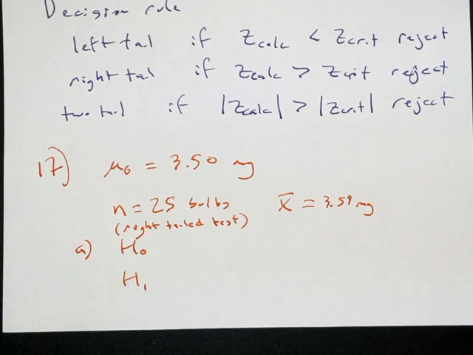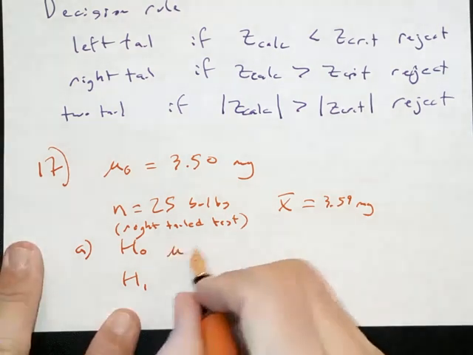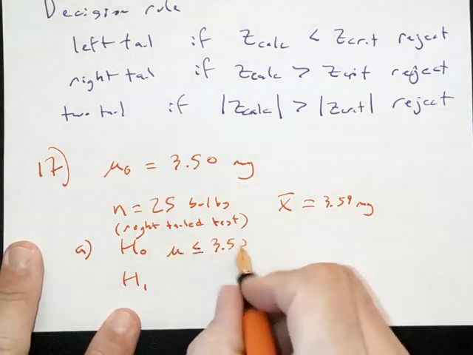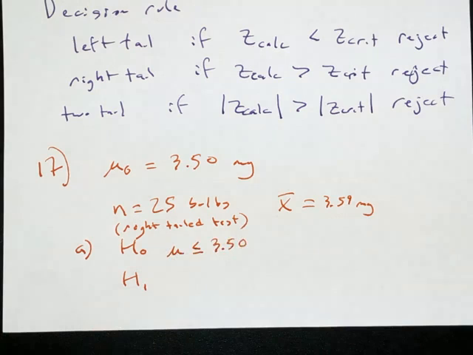I'm just writing up the hypotheses. I'm not testing anything yet. I need to know what I'm trying to test. I have to have a hypothesis to test it. If they are right, then the average I should get should be how in comparison to 3.50? Less than or equal to. And the alternate hypothesis, if they're wrong, strictly greater than.